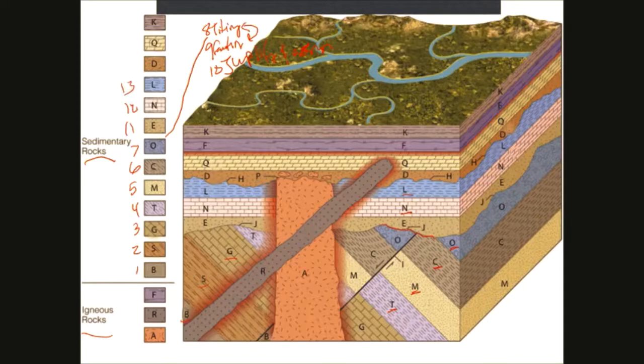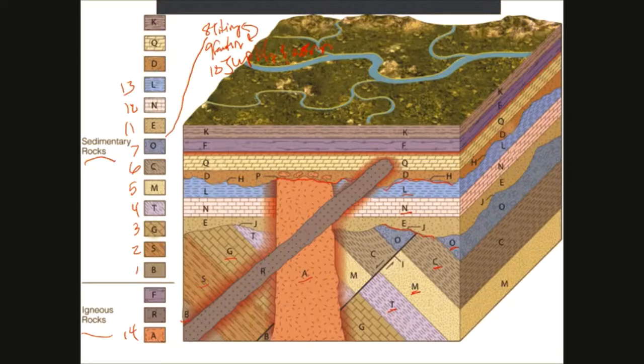You can see now this unit A cuts through everything up to and including L, but nothing more. This is an igneous intrusion, molten rock, so it's cross-cutting relations. It says that it's younger than those rocks, everything up to L. So 14, igneous intrusion. And then above it, we have this erosional surface, so it's an unconformity.